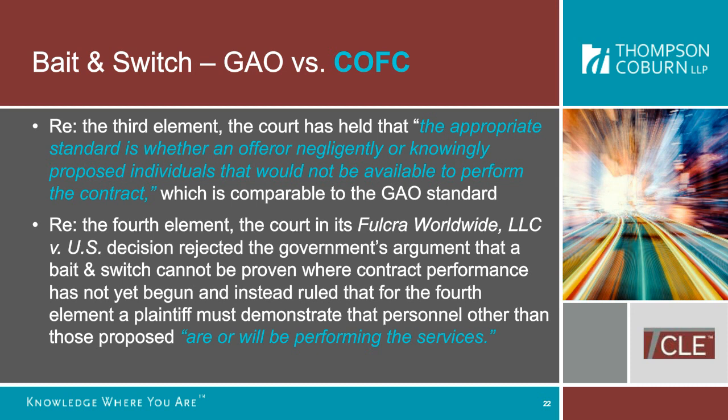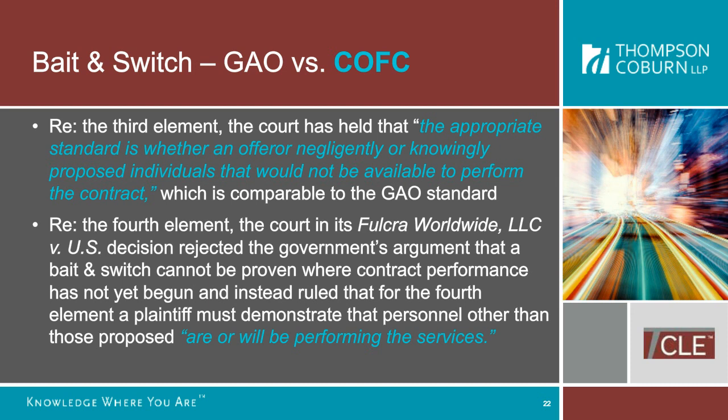And foreseeability, the court has held, the appropriate standard is whether you negligently or knowingly proposed individuals that would not be available to perform the contract. Again, it's comparable to GAO standards, but in application, there's been differences in these.